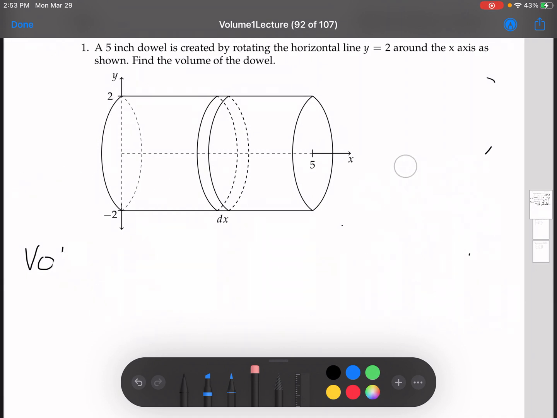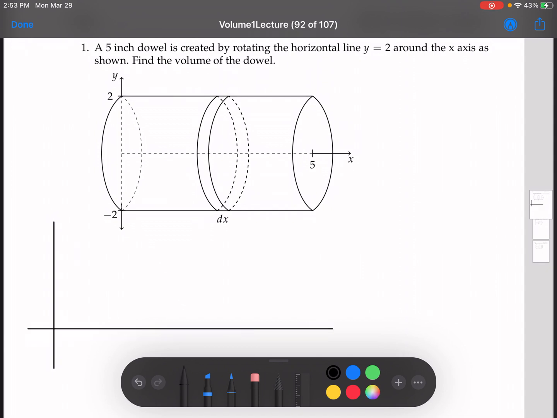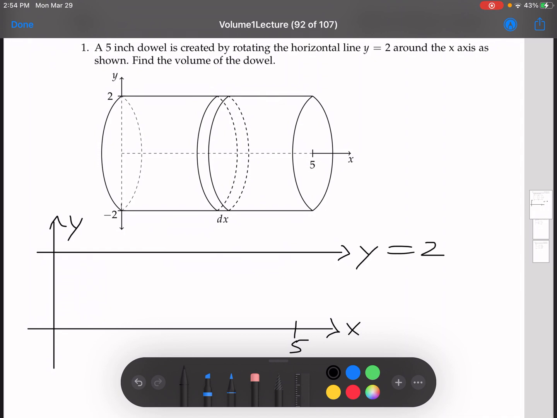The way I think of it conceptually is you start with just this line, y equals 2. And that's exactly this line here.